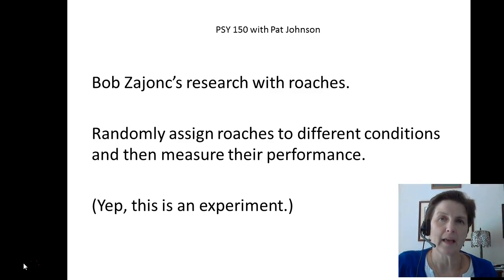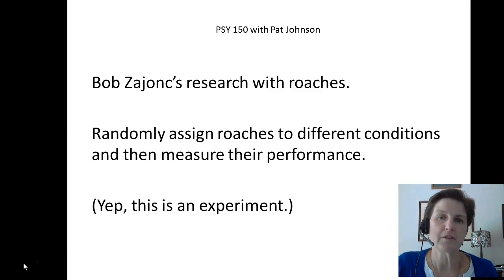Bob Zion, yeah, I know it looks like Zajunk, but his name is pronounced Zion. Dr. Zion did research with roaches. Now you may be wondering, what do roaches have to do with human behavior? And it's true, we very rarely use animal research in social psychology because we're looking at human behavior.